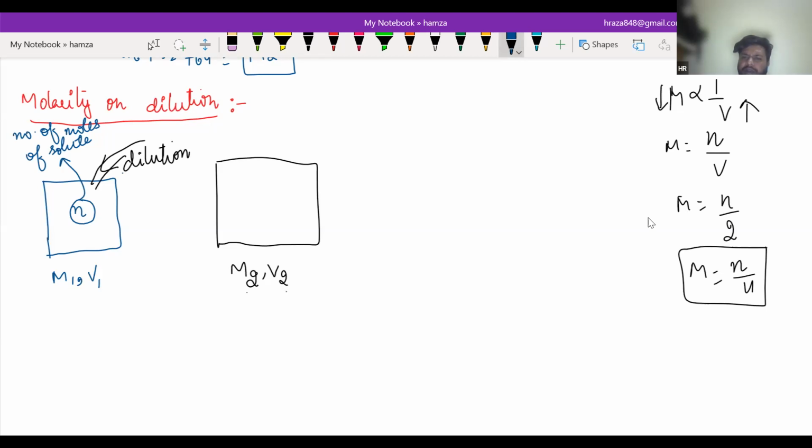Now, on dilution, will the number of moles of solute change or not? If you are going to add solvent to dilute it, will the number of moles of solute be changed or not? What do you think? It will change. How will it change? See, Hamza, what I want to say is that here is solute and here is solvent and it is a solution.